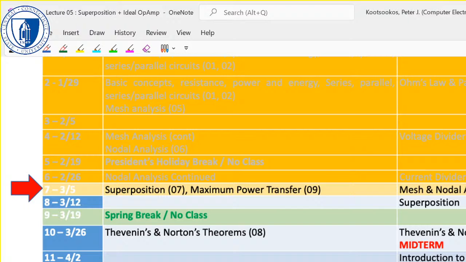But I want to talk about another algorithm. Remember, mesh analysis was an algorithm, nodal analysis is an algorithm, superposition is another algorithm. It's not quite as enumerated as the other two, and maybe that's something I should do. I haven't checked Professor Broderick's latest version.